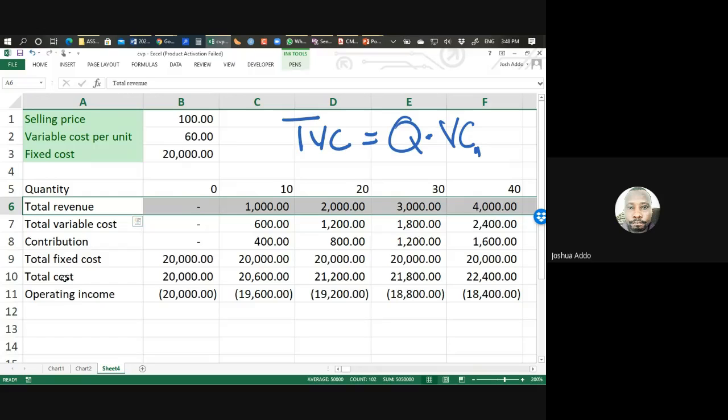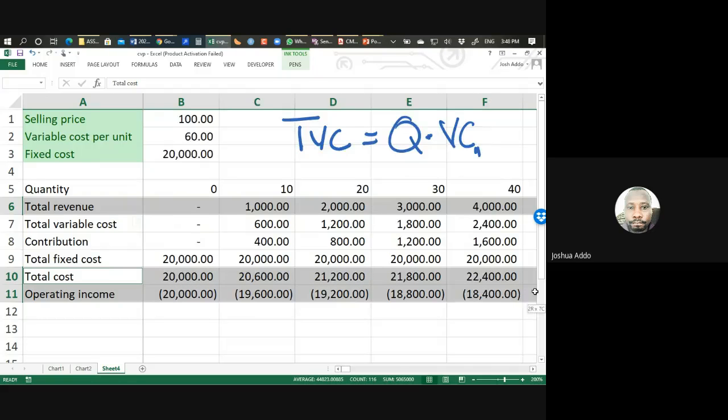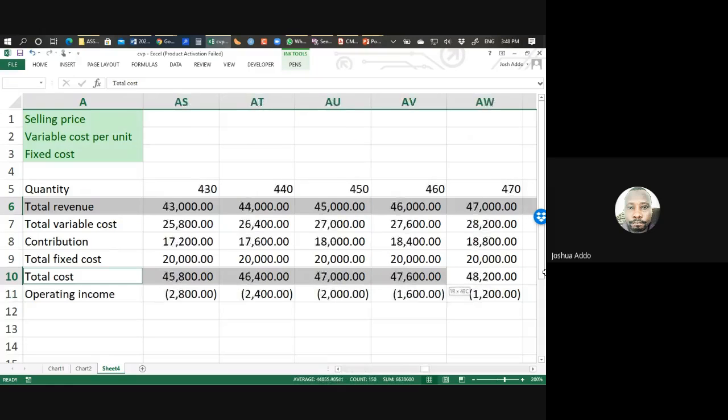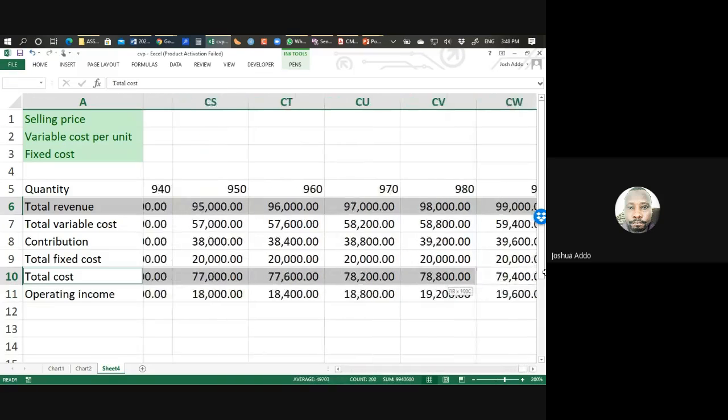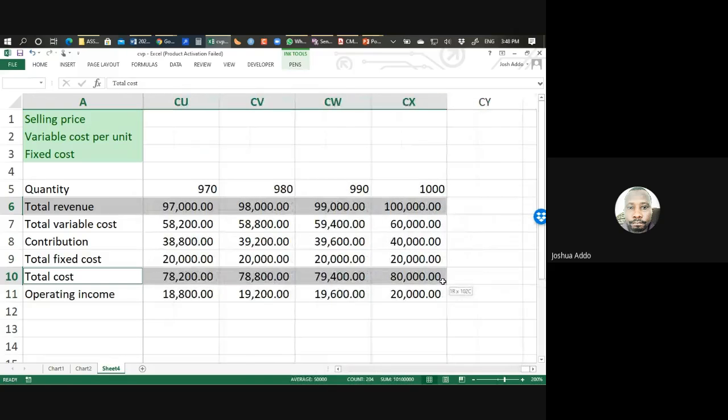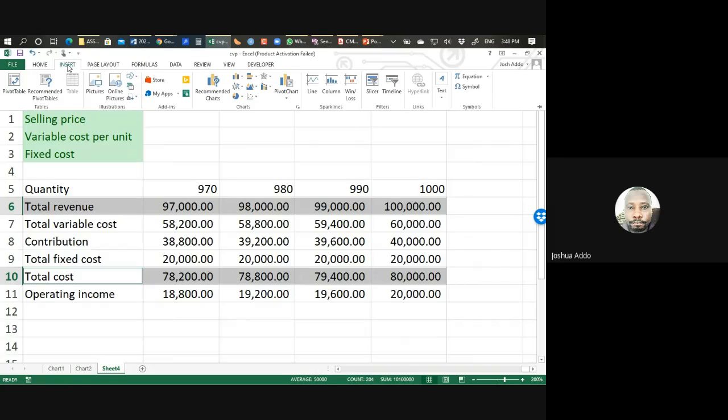So for now, let's control select total cost. If we just do a graph on these two variables, we will see the picture that the figures are communicating in graph. So let me just do a line graph.